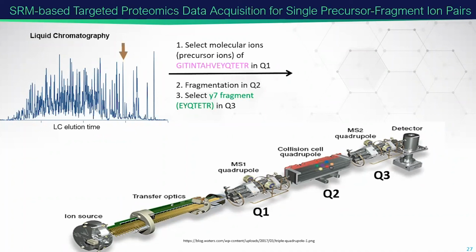So you get lots of fragmented ions. Then you send those into Q3, where you can still select one of the fragment ions, and in the end, you send it to the electron multiplier for detection. In this way, you get intensity over time for this particular molecular ion and fragment ion pair.